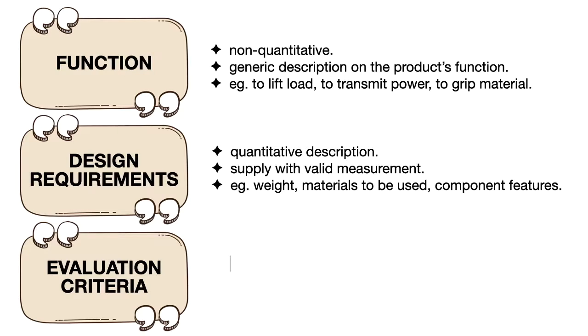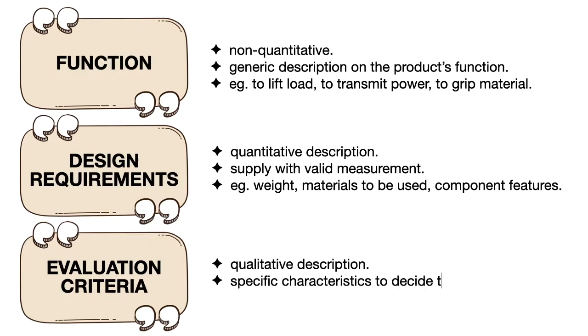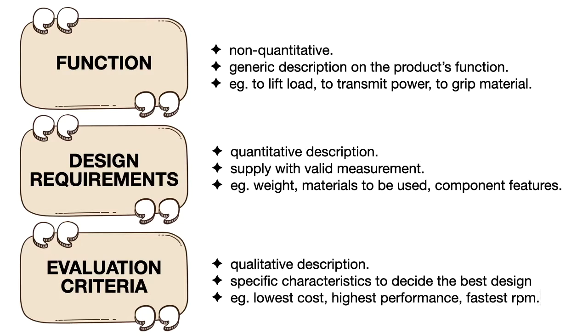The third item, the evaluation criteria, is a qualitative description. This time around, you have to give specific characteristics on how you want to decide on the best design. For example, your decision making process requires you to select a device with the lowest cost, or the highest performance, or the fastest revolution per minute.